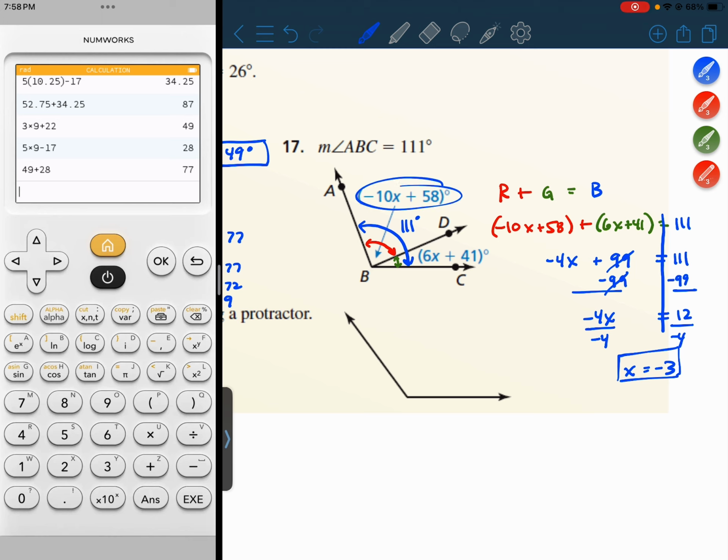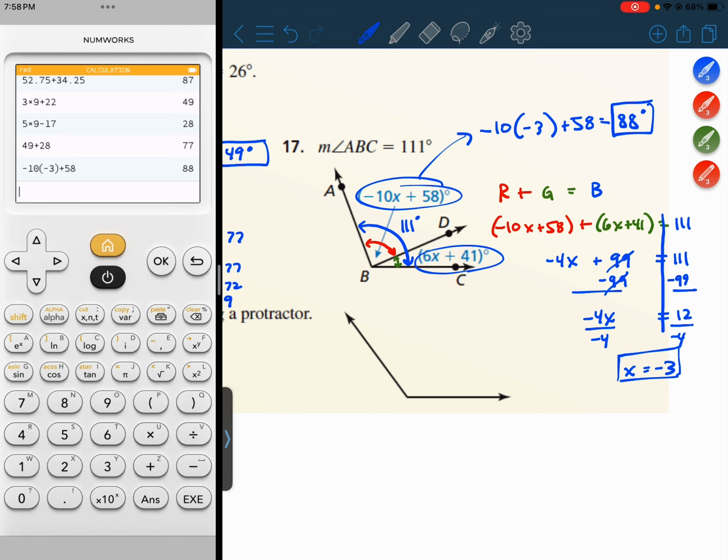So let's take negative 10 times negative 3 plus 58. Negative 10 times negative 3 is 30, so that's 88 degrees.